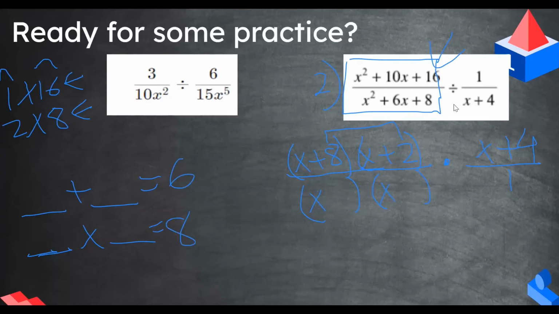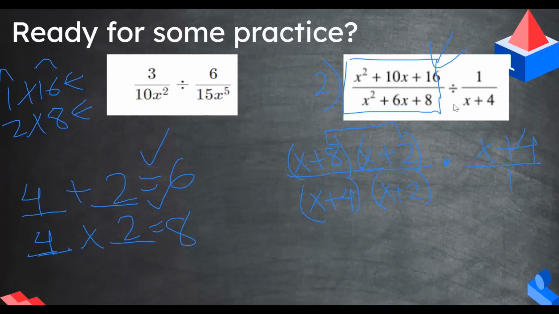Amina just told me 4 and 2. Yes, 4 and 2 add up to 6, so check. They also multiply to be 8, so check. Those are my two numbers that I should put as the second term of the factors.